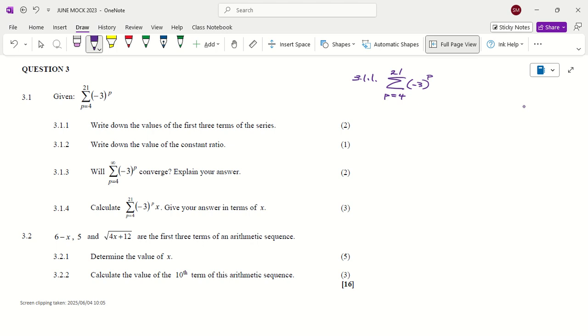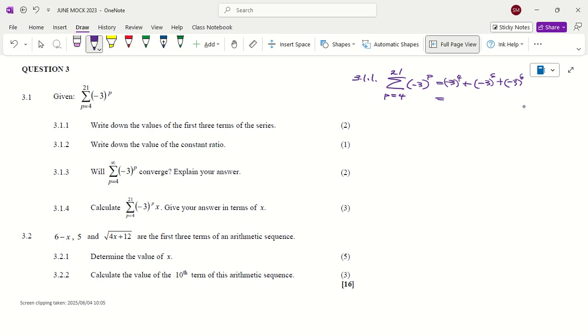So they are scaffolding you to the answer. So the first 3 terms: negative 3 to the exponent 4, plus negative 3 to the exponent 5, plus negative 3 to the exponent 6, right?